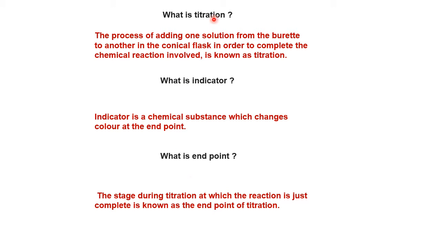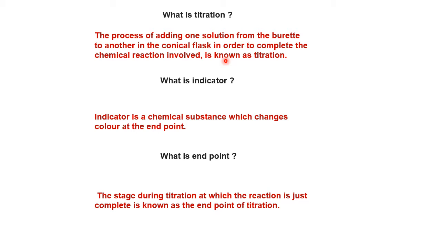What is titration? The process of adding one solution from the burette to another in the conical flask in order to complete the chemical reaction involved is known as titration. Titration in a simple sense is nothing but a reaction between the two, whether one is acid and one is base, or one is oxidant and the other is reductant. It is a reaction between two chemicals.